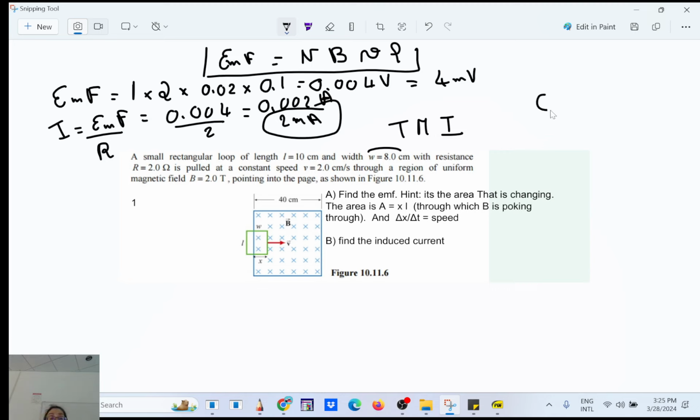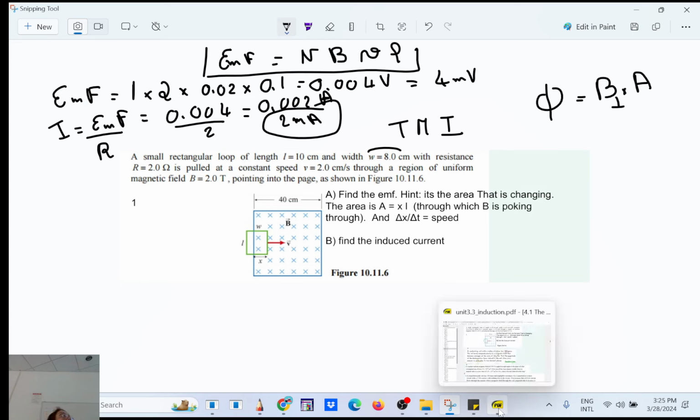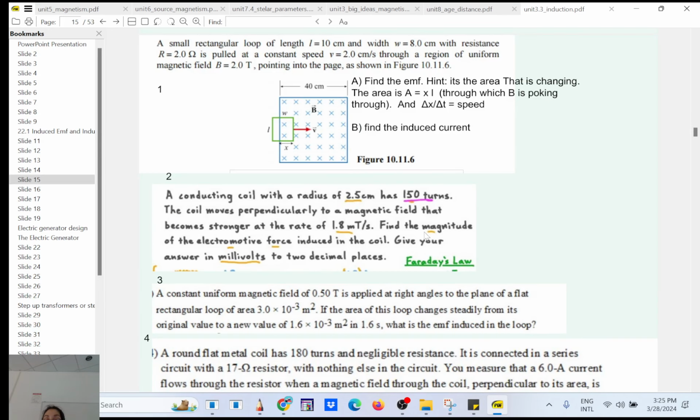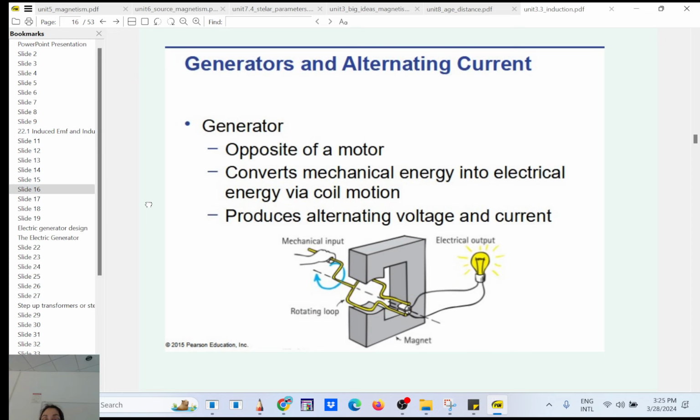So the equation is the flux, the number of field lines, equals B times the area poked by the magnetic field. Okay. Any question? I will try to find an app for next time.